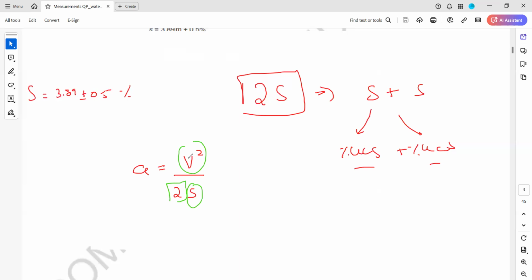Clear? So if the question was what is the uncertainty in 2s, yes, it will be double, because 2s means s plus s, so uncertainty in s plus uncertainty in s. But the question is what is the uncertainty in a? And a is calculated by v squared and s. That's why 2 is excluded. Is it clear?